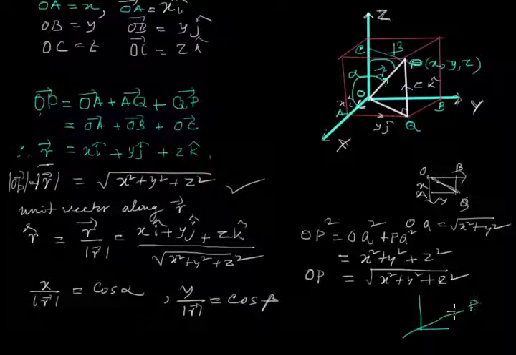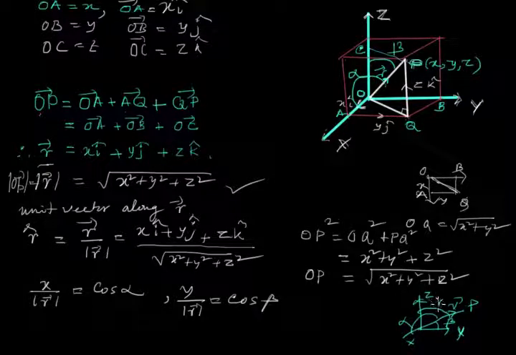This point is P, this is vector R, this is the x-axis, so the angle is alpha, this is the y-axis, this angle is beta, this is the z-axis, this angle is gamma.